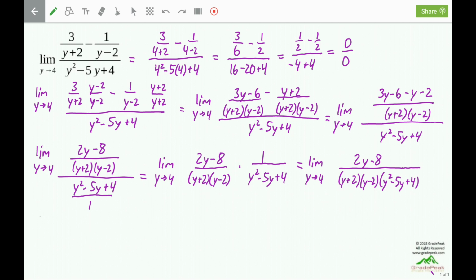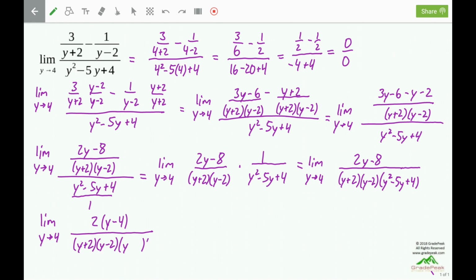We need to factor those a little further to be able to get the cancellation to happen. Now that numerator actually can factor by a common factor of a 2. And there's the y minus 4 factor that we expect to see that's making a 0 in the numerator. In the denominator, the y plus 2, the y minus 2, neither of those are making the 0, but we can also trinomial factor the y squared minus 5y plus 4.